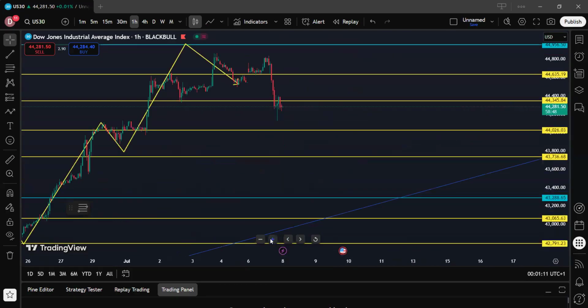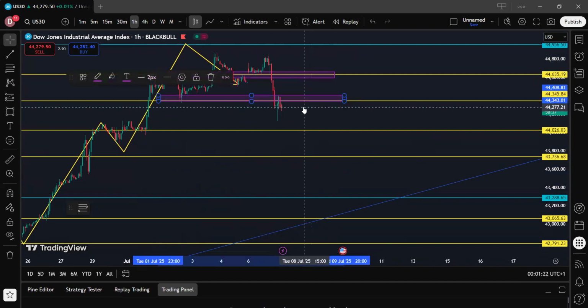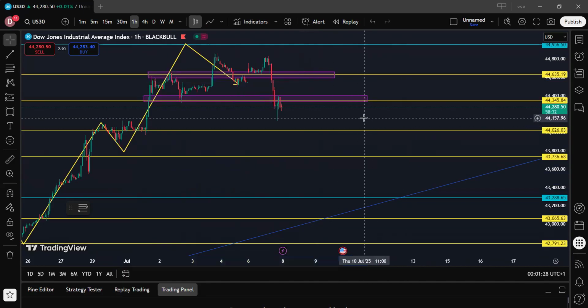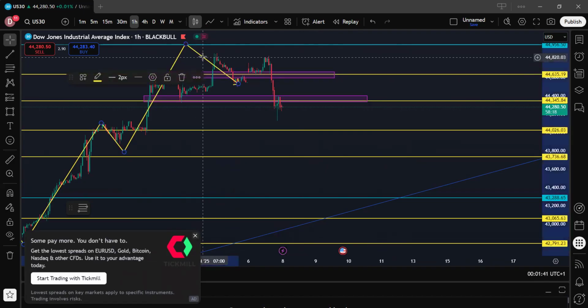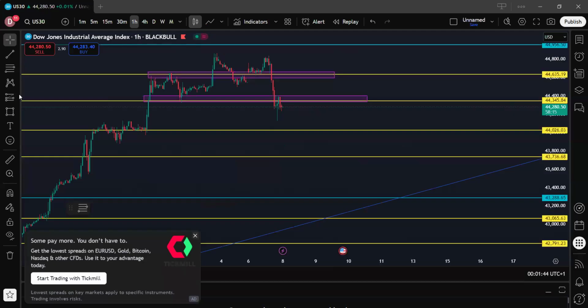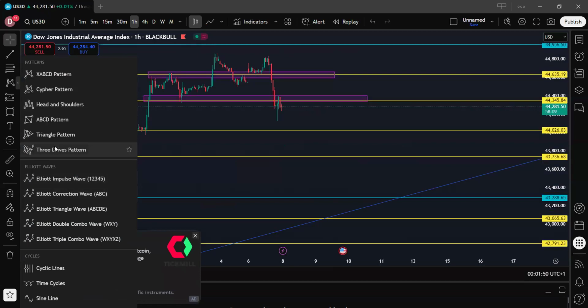because I am seeing two crucial zones which are very, very vital to take into consideration. It's this area right here and this area right here. But what I am expecting, because we are retesting around this level, is that if we come back and reach the top of this neck and then see a little bit of reversal formation, I'm just going to bring out one of the patterns.